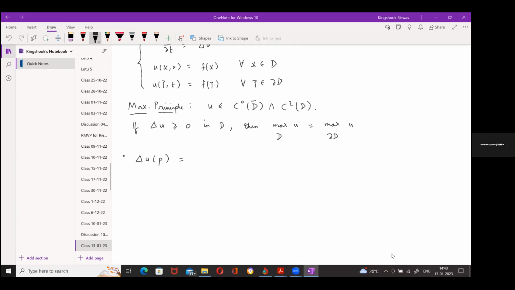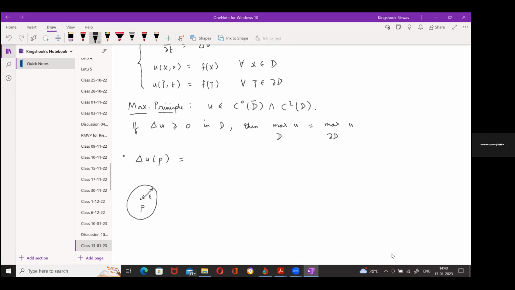So what that means is, again, you take a small sphere of radius epsilon, and you take the average value of U over the sphere of radius epsilon.